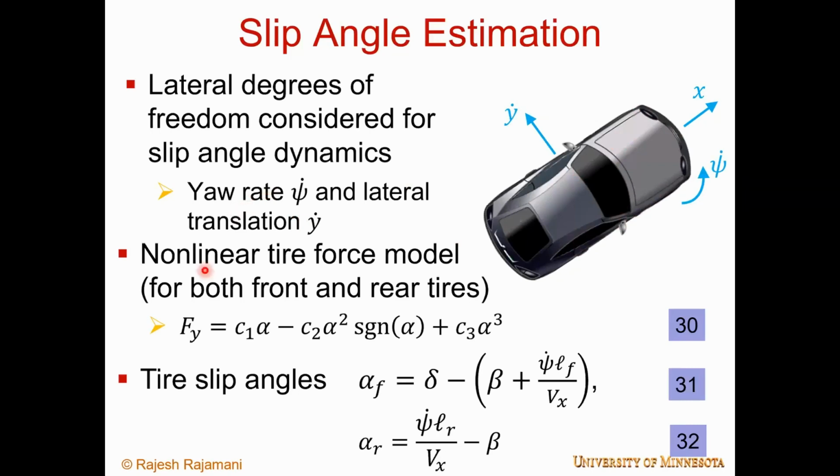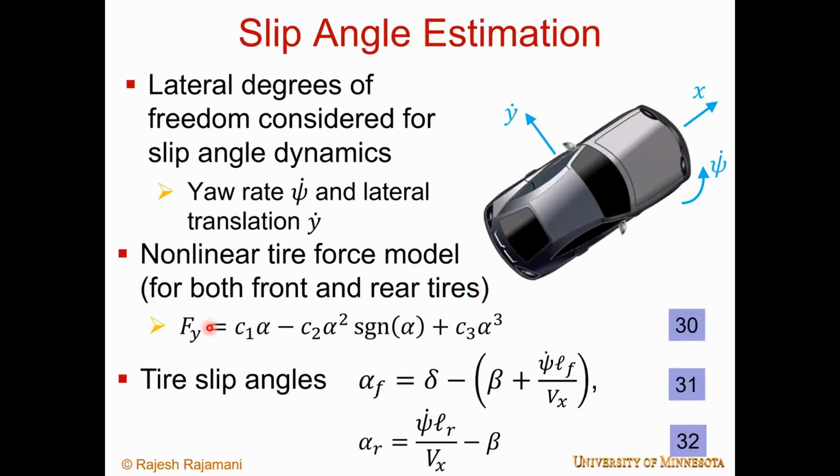Now, the tire force models are nonlinear, because electronic stability control is useful when the road is slippery. So it really needs to consider nonlinear tire force models. It cannot really use linear tire force models. This is an example of a nonlinear tire force model that could be used.